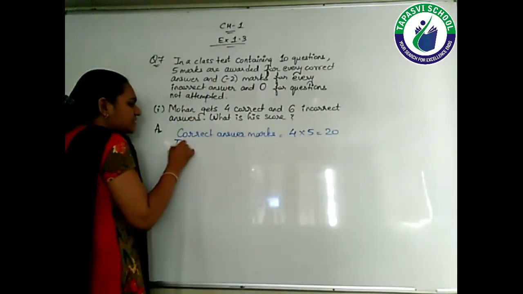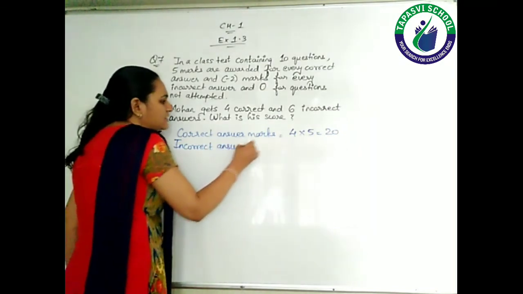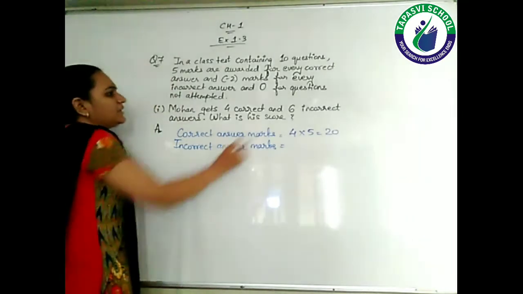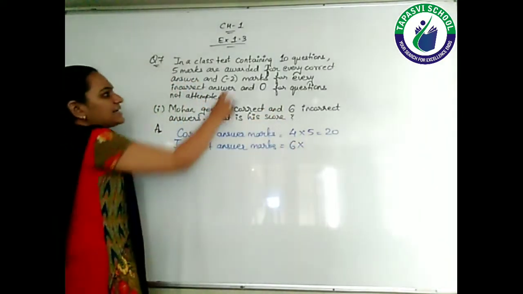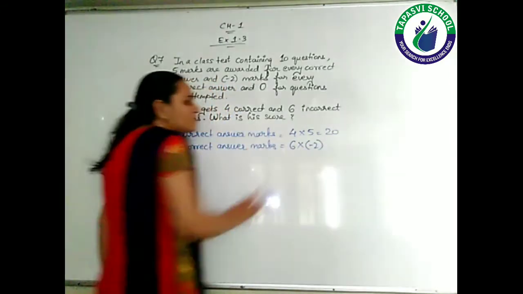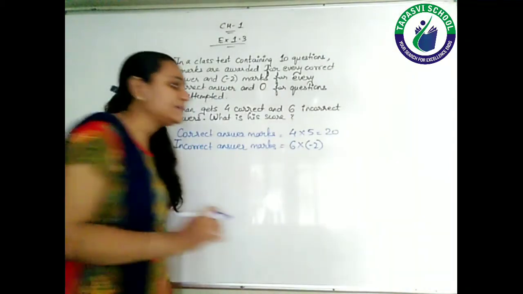Now the incorrect answer marks. How many incorrect questions are there? 6. Now for every one incorrect answer, minus 2 marks will be cut. So 6 into minus 2, total 12 marks will be cut out of 20.